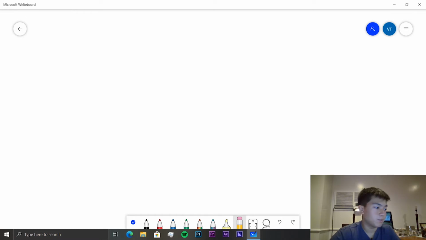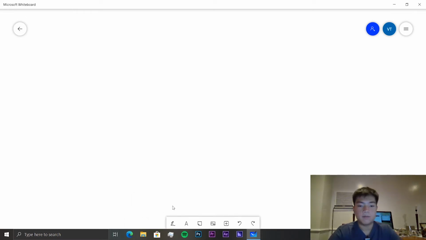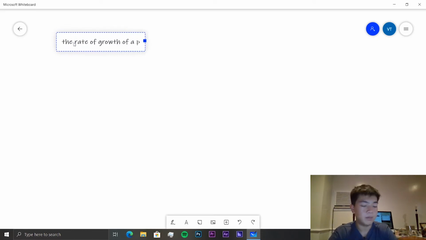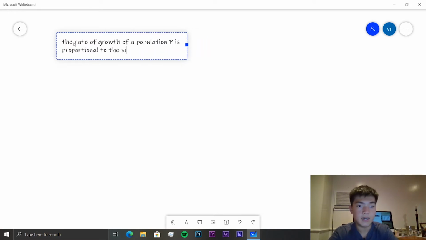On to the next problem, where the rate of growth of a population P is proportional to the size of the population.